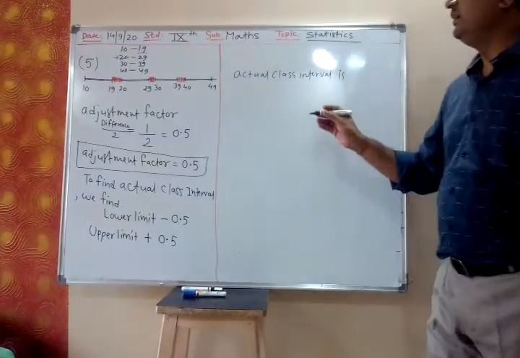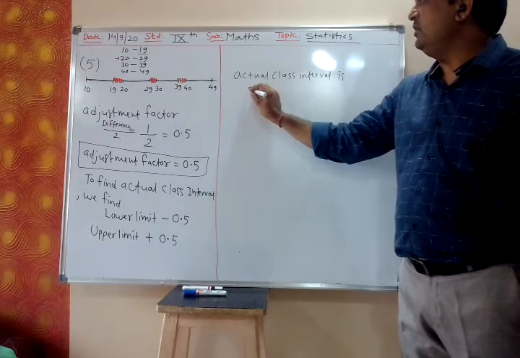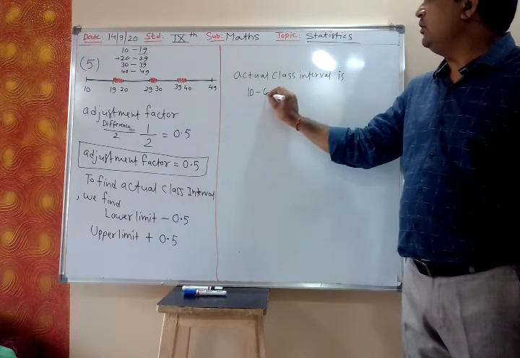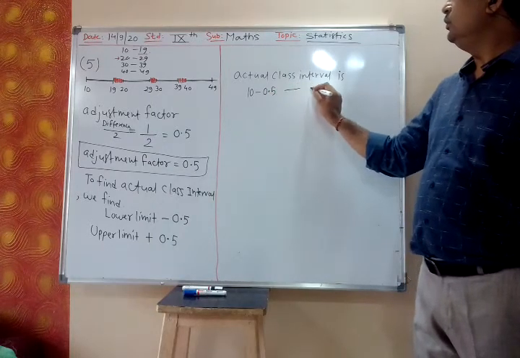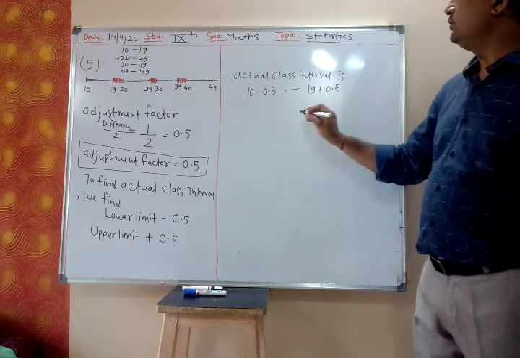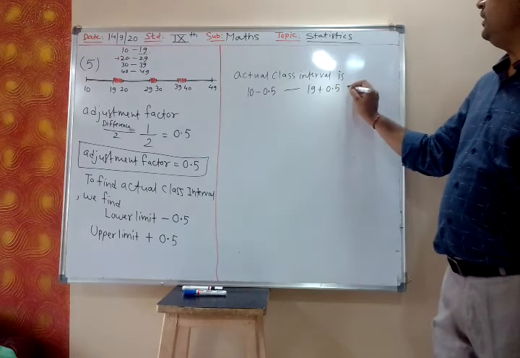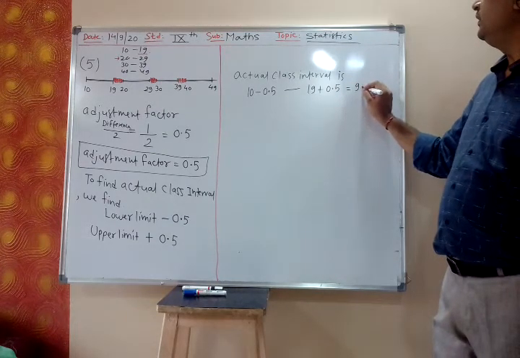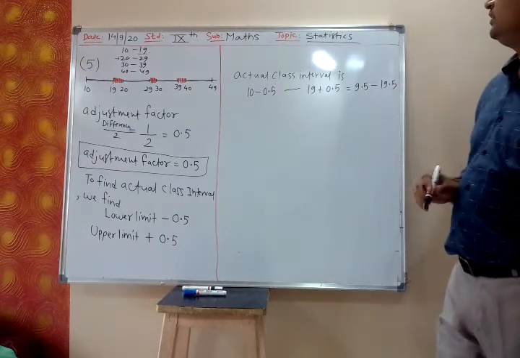That will be 10 minus 0.5 to 19 plus 0.5. That is 9.5 to 19.5. This is my first class interval.